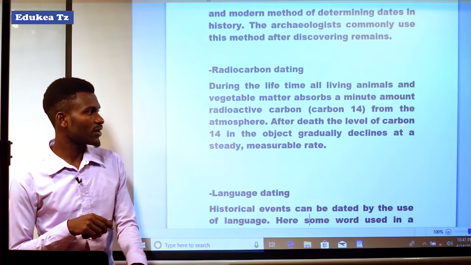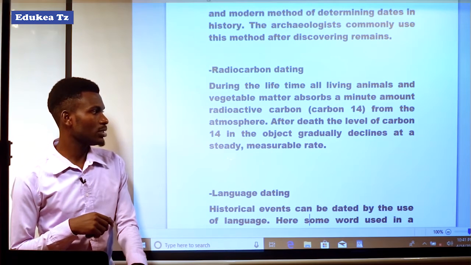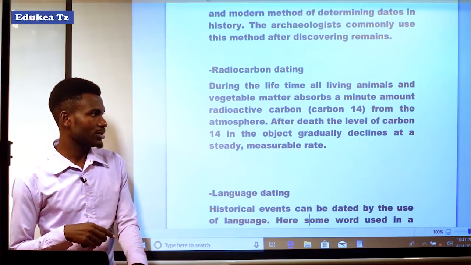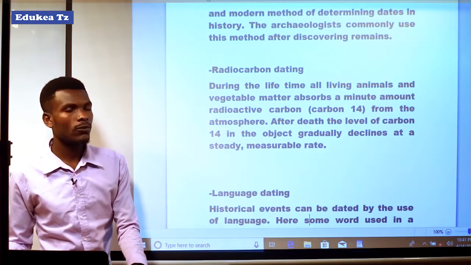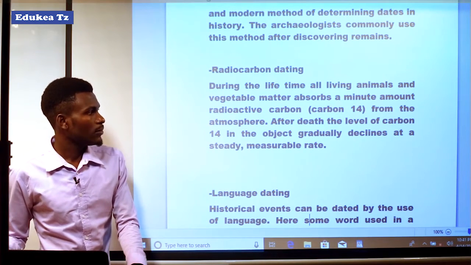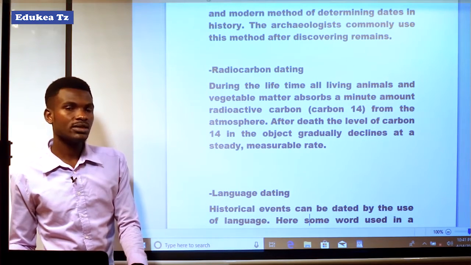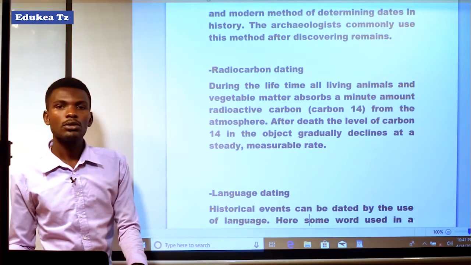After death, the level of carbon 14 in the object gradually declines at a steady measurable rate. It means that after the death of living animals or plants, the carbon 14 in the object gradually declines at a steady measurable rate.